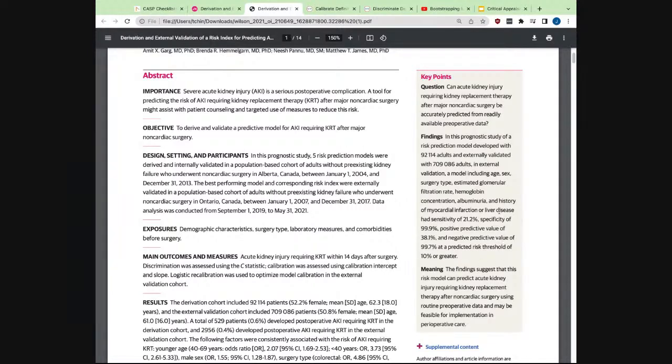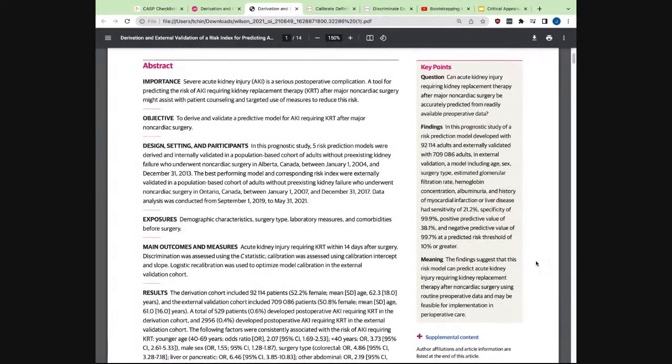So what's the meaning of this? The findings suggest that this risk model can predict acute kidney injury requiring kidney replacement therapy after non-cardiac surgery using routine preoperative data, and it may be feasible for implementation in perioperative care.